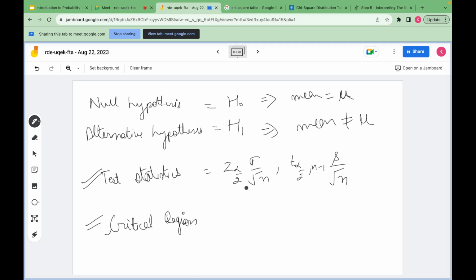If the test statistics value lies in this region, then we say our null hypothesis was correct. But if the test statistics lies outside this region, then we reject our null hypothesis and say that the alternative hypothesis is correct.